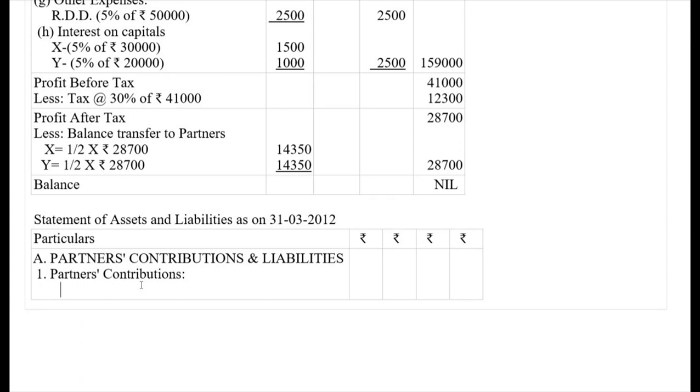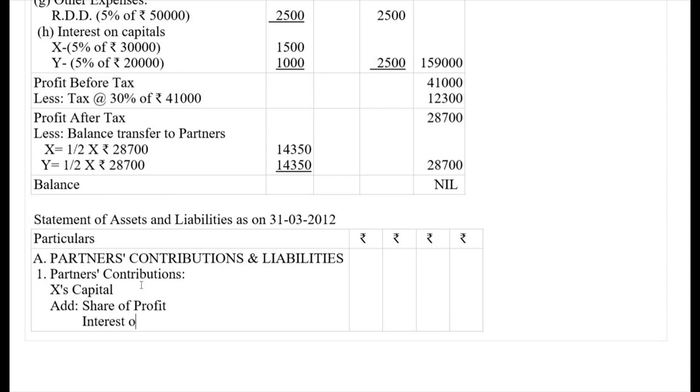So here X's capital, then we should add share of profit, then similarly add interest on capital, then less drawings. So now let us substitute the values here.